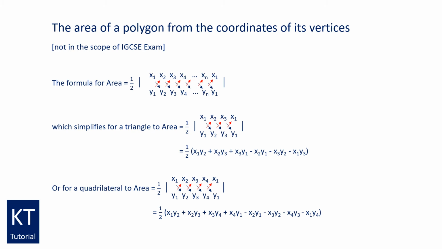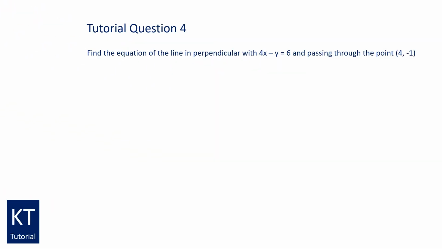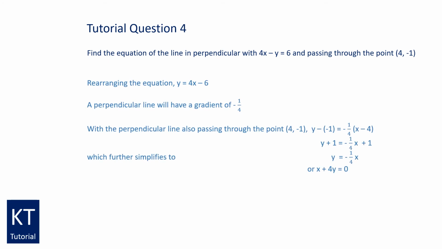Tutorial question 4. Find the equation of the line perpendicular to 4x minus y equals 6 and passing through the point (4, -1). By rearranging the given equation, we have y equals 4x minus 6, which has its m at 4.